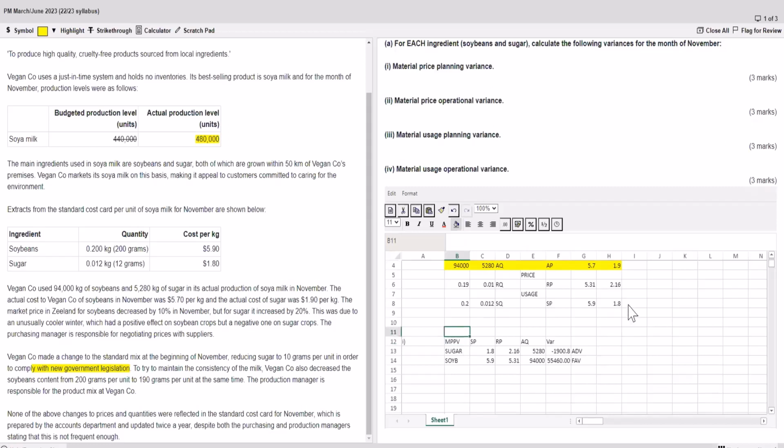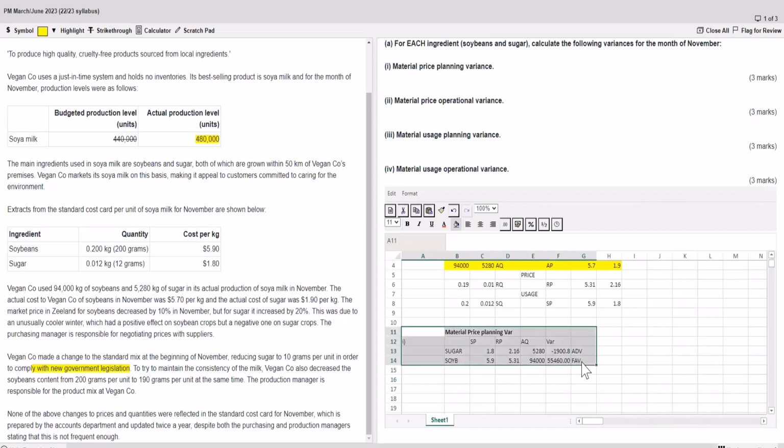It's up to you if you write it out in full, but it just takes time, as you can see. Material price planning variance. So I did it shorthand, but if you want to make it clear to the examiner what you've done, all right. And it says for each ingredient, it doesn't tell you to add it together, all right? So you have to do it separately.